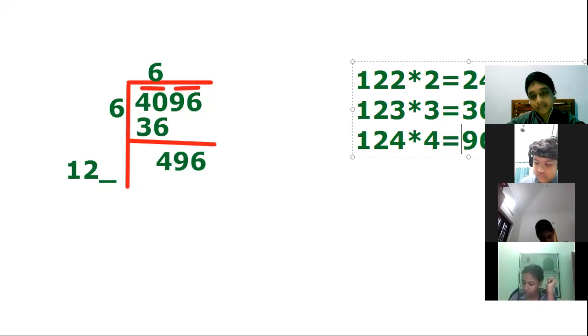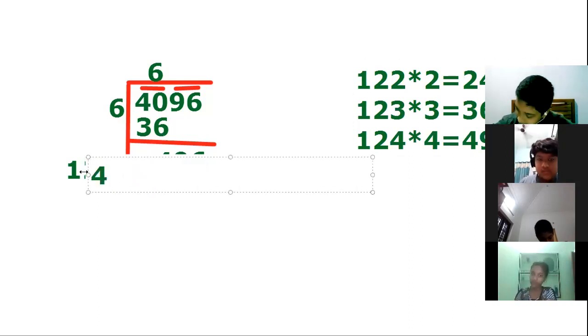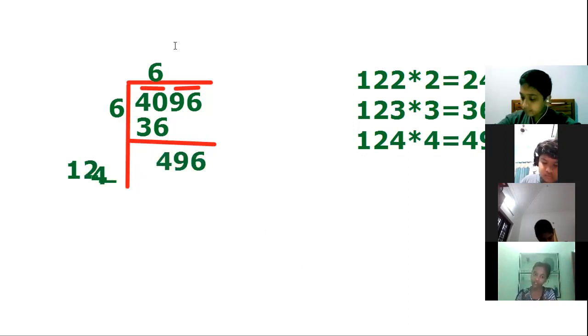And 4 into 1 is 4. Then it becomes 496, which is the exact number we want here. So we can fill the blank with the digit 4.